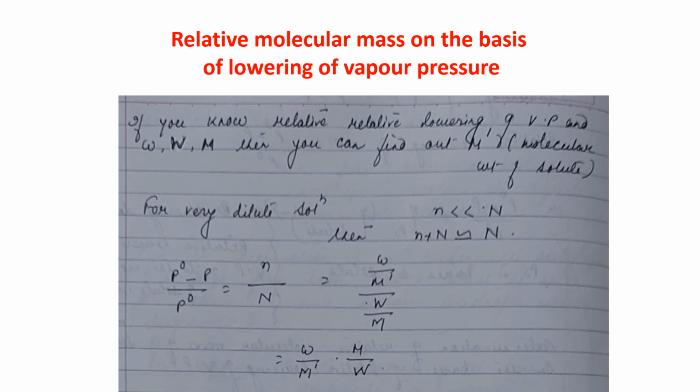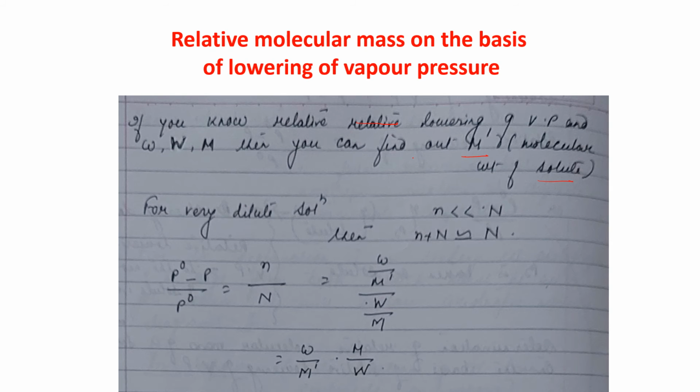Now, if you know the relative lowering of vapor pressure and the mass of the solute, mass of the solvent, and molecular mass of the solvent, then you can find out M dash, that is the molecular mass of the solute.